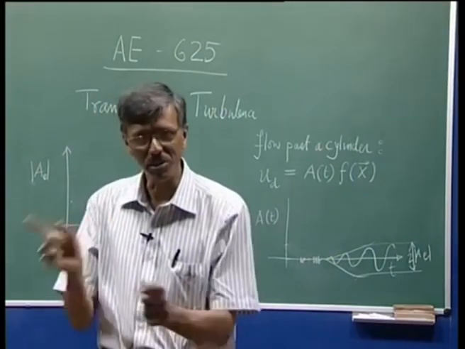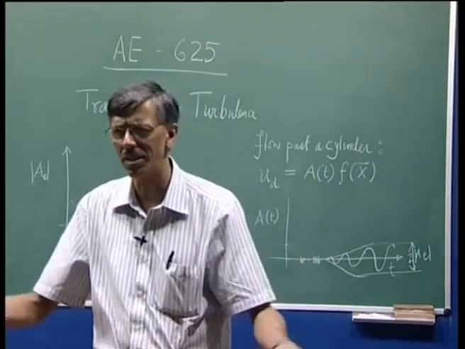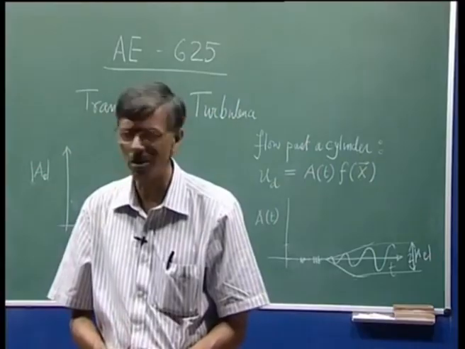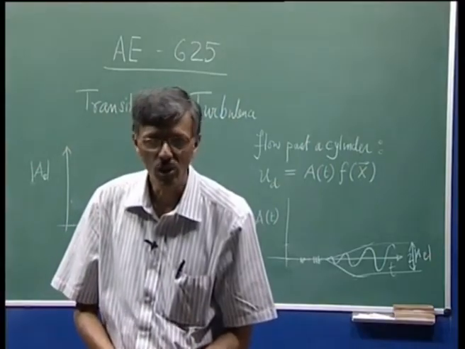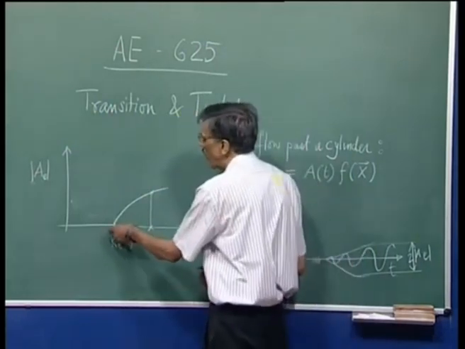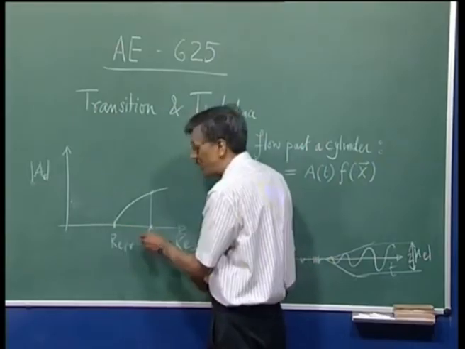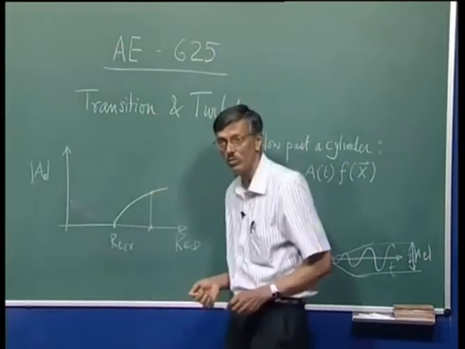Nothing to be surprised about, because later on people even did experiments and created pipe flow which was stable for a Reynolds number of 100,000. So, what it means is that your solution bifurcates from this point onwards. Here you will only have one solution, but here you will have multiplicity of solutions.